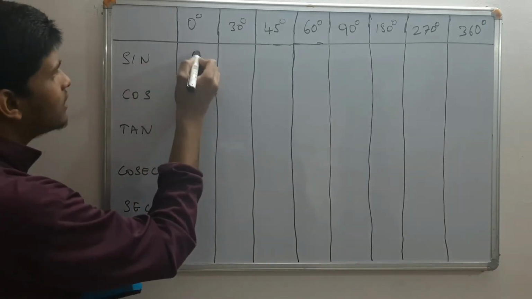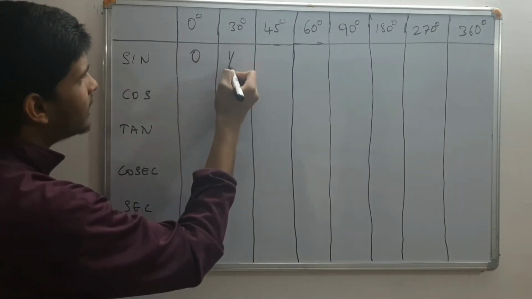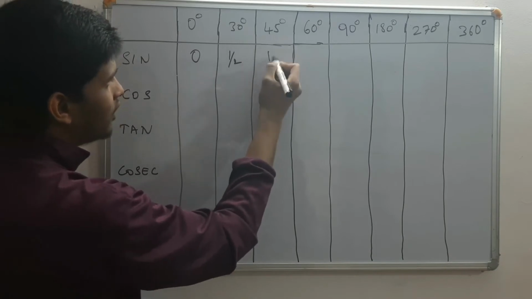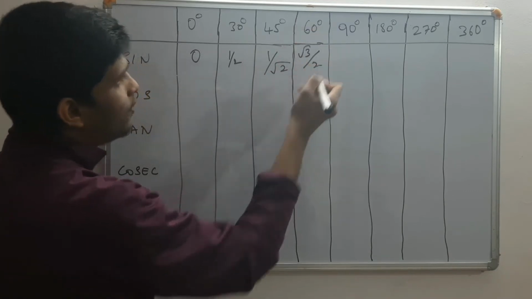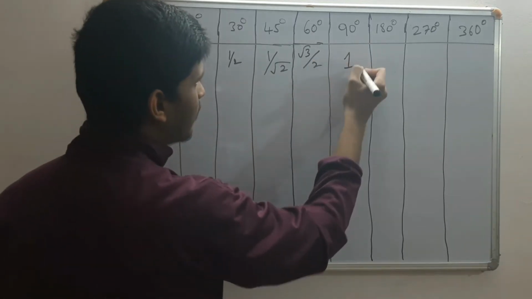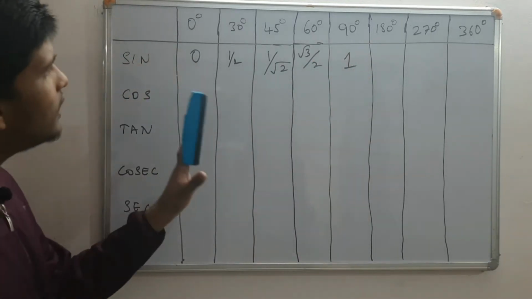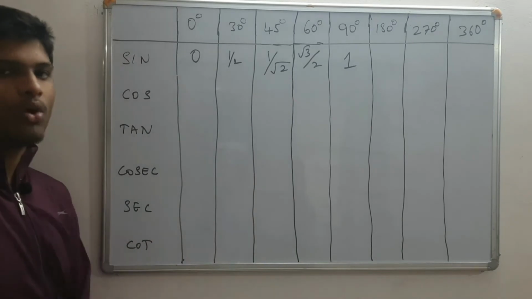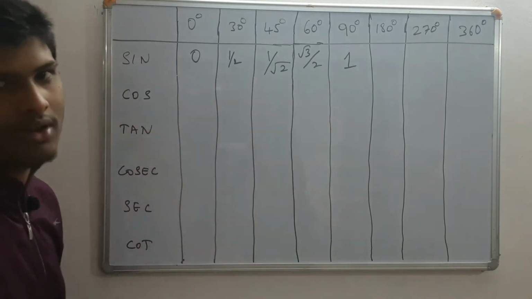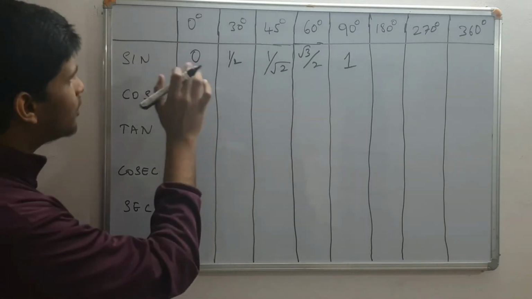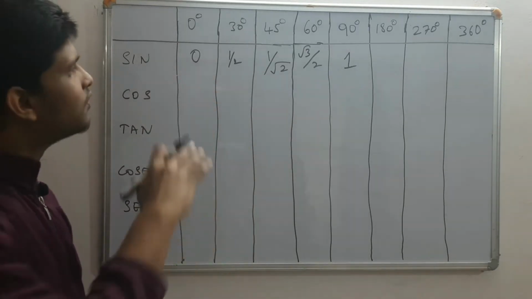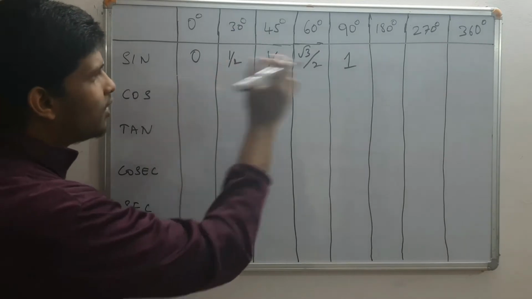Let's write: sine 0 degree is 0, sine 30 degree is 1 by 2, sine 45 degree is 1 by root 2, sine 60 degree is root 3 by 2, sine 90 degree is 1. Only these 5 values are more than enough to fill the whole table. As sine increases from 0 to 1, we write 0 first and 1 at last.